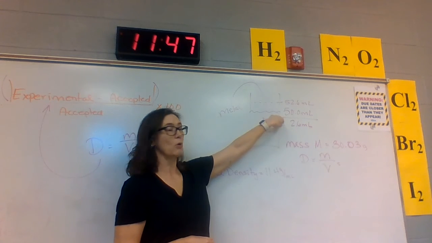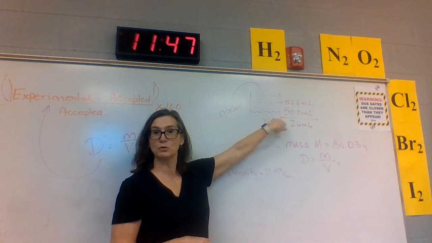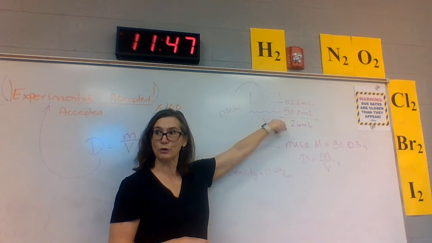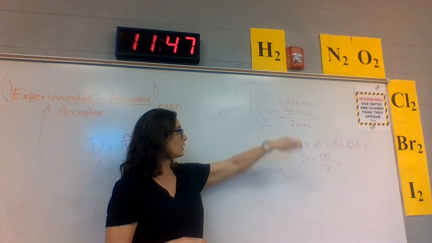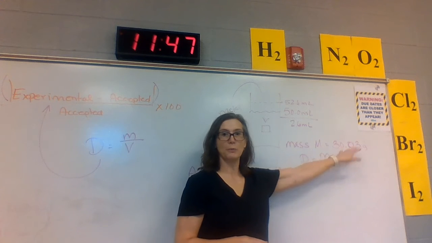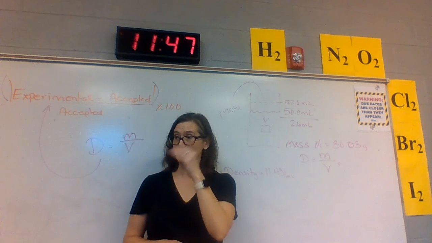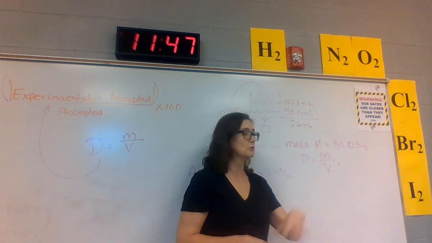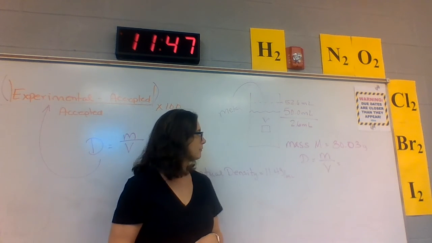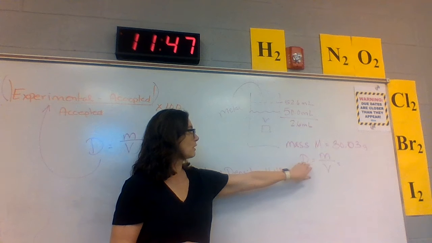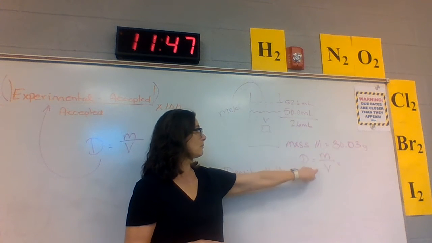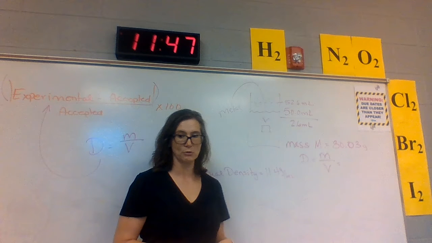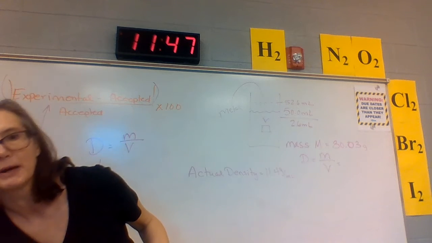That means by water displacement, if I subtract those two numbers, that gives me the volume of the metal. I will tell you in the problem what the mass of the metal is, or she'll experimentally find the mass of the metal. That was 30.03 or some other number like that. So to find density, we are just going to divide grams by milliliters. So if I divide that out, what does that come out to be?